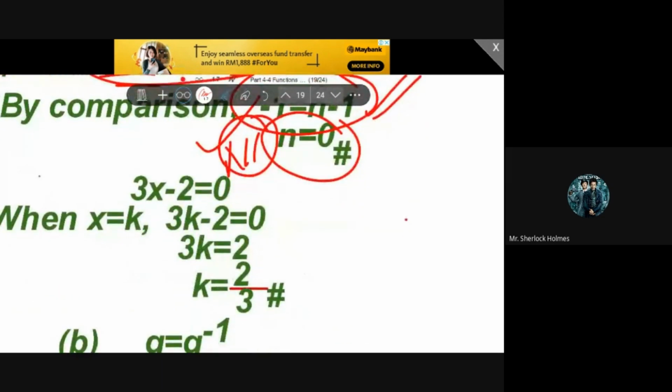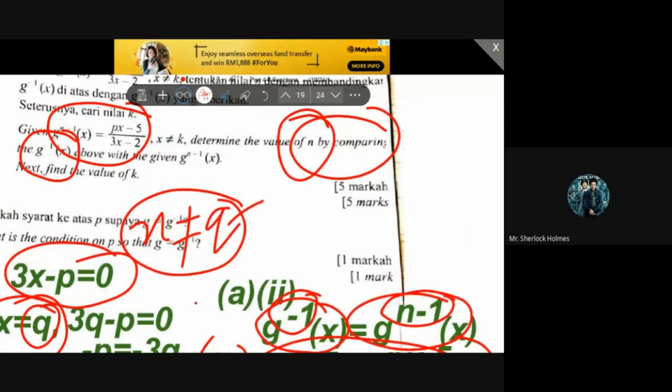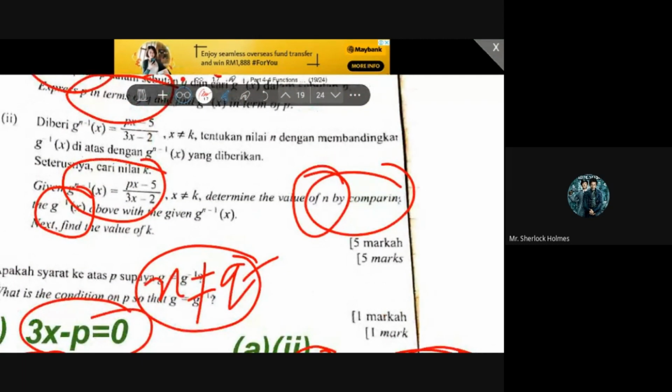So, next. Sekarang mereka nak cari nilai K. So, saya nak tanya, K tu nilai apa? What does K value represent? Anyone? Apa yang K value tu mewakili? If X not equal to K, so on the revise, fungsi tak terletak with K tu apa?